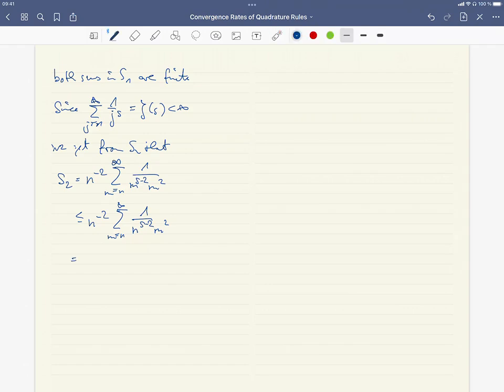Then I can combine those two terms here. I can take out the m. So this is n to the minus s, and here I have sum m equals n to infinity 1 over m squared. And this we know is again less than infinity, so it's a constant. So the whole term is on the order of n to the minus s, which proves the desired result.